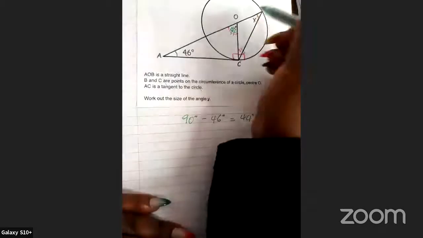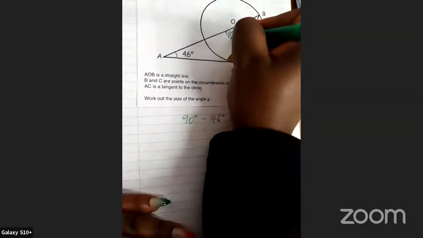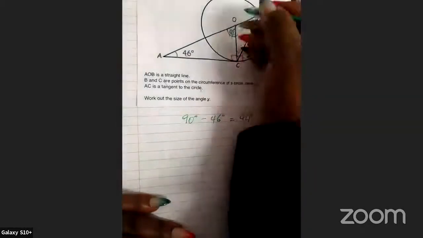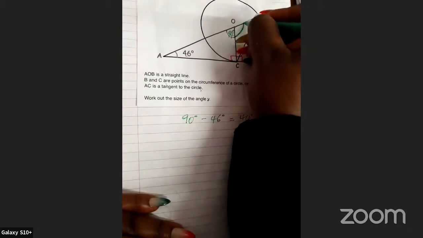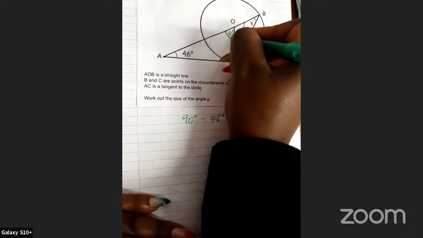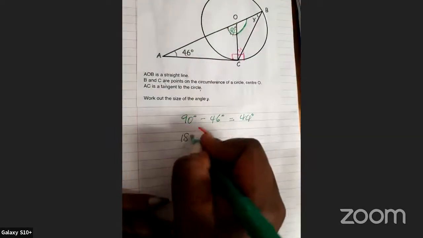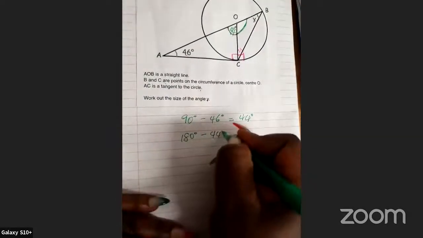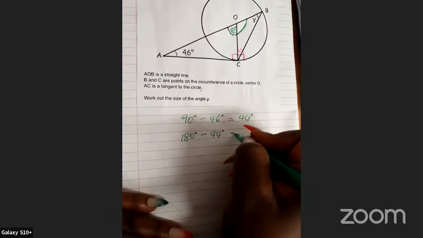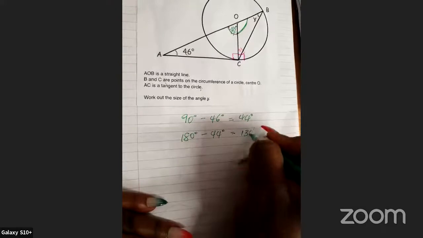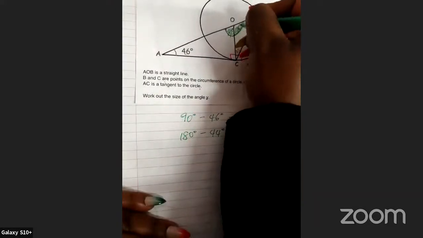And these are angles on a straight line, which add up to 180 degrees. So 180 degrees minus 44 degrees leaves us with 136 degrees. So here is 136 degrees.